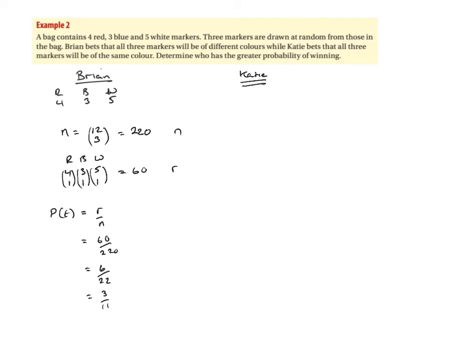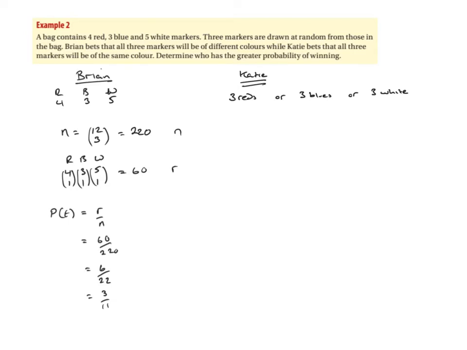So Katie reckons that all 3 markers will be of the same colour, which means that she can have 3 reds or 3 blues or 3 whites. So there's a lot more work to be done here in order to see what's going on.